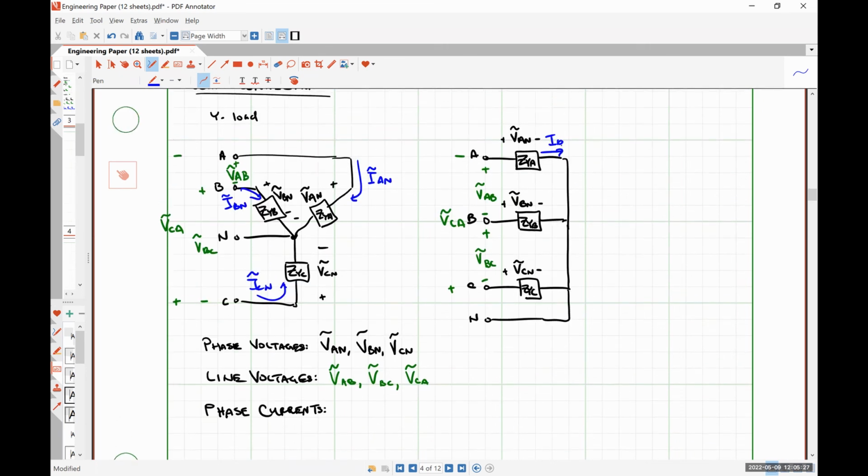Or in this representation, IAN, IBN, ICN. And there is our Y-connected load. Our last thing to do then is to introduce our delta-connected load.